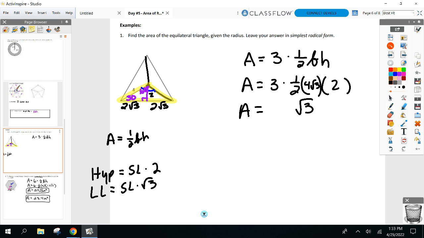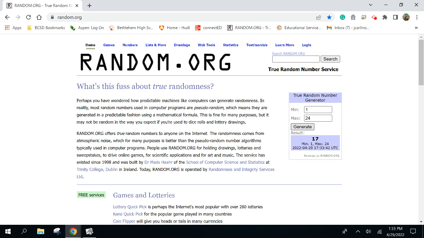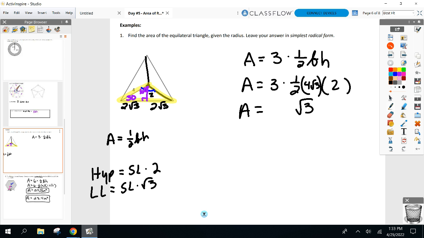This is just simplest radical form. When you're ready, simplest radical form with the radical 3. 12 radical 3. It is 12? Yeah.